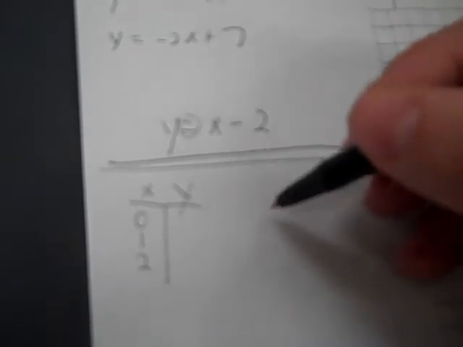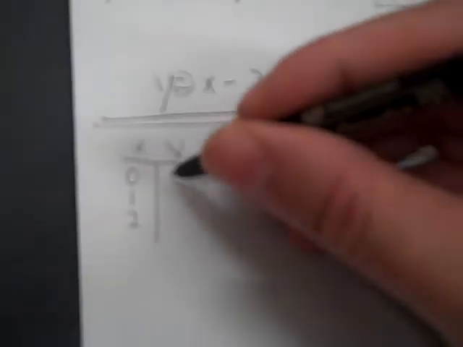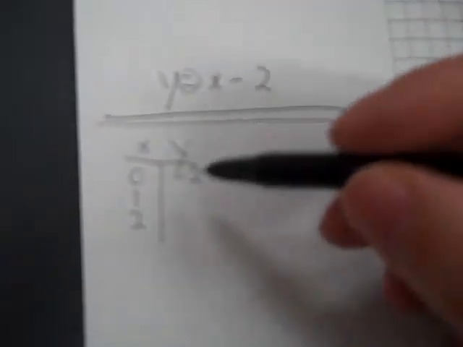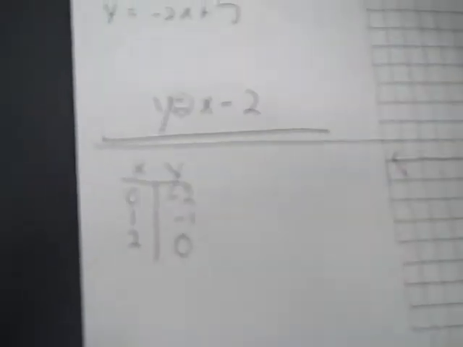So do I have the y out front by itself? Sure I do. And there's no fraction involved, so I can just insert 0, 1, and 2. You can also do the slope y-intercept. The slope would be 1 over 1, and then negative 2 would be my y-intercept. Okay, so if I put 0 in, 0 minus 2 is negative 2. 1 minus 2 is negative 1, and 2 minus 2 is 0.